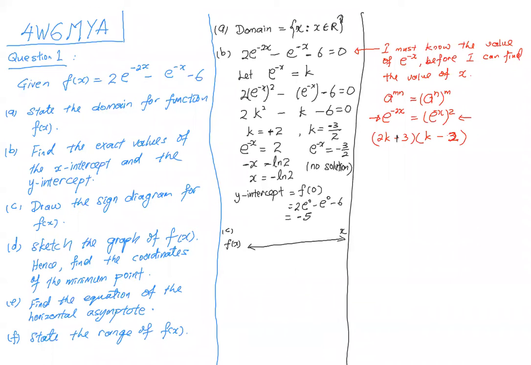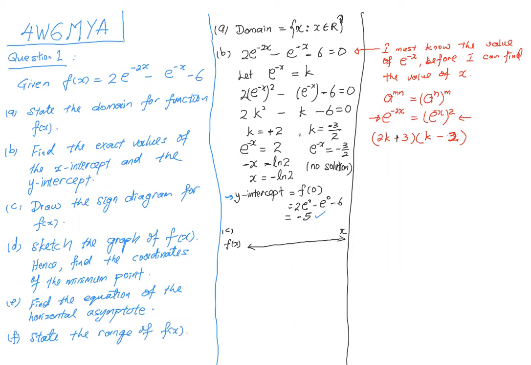Negative 5. Why negative 5? You tell me. Negative 5 is the y-intercept. Why must I mark down the y-intercept on the sign diagram?